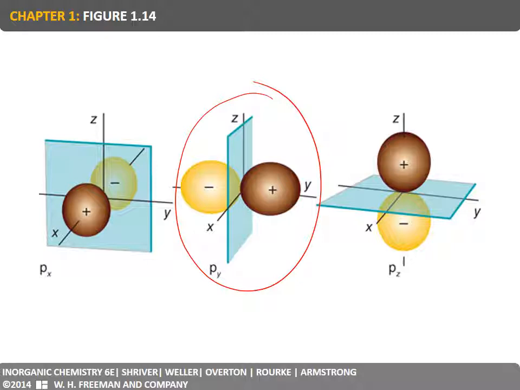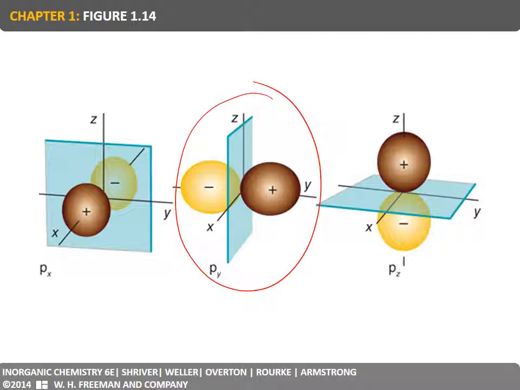The lobes are identical apart from their axis, and they lie parallel to the three different Cartesian axes through the nucleus, and each has a nodal plane passing through the nucleus.